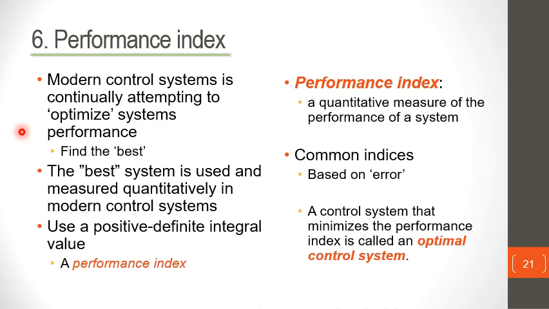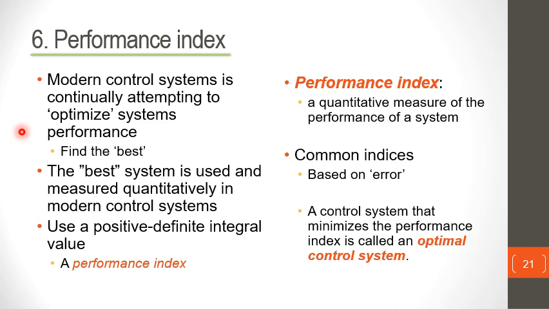And what we use there is a positive definite integral, and this positive definite integral value is called a performance index. Generally, a performance index is a measure of the performance of a system. Commonly, it is a function of the error and an integral.